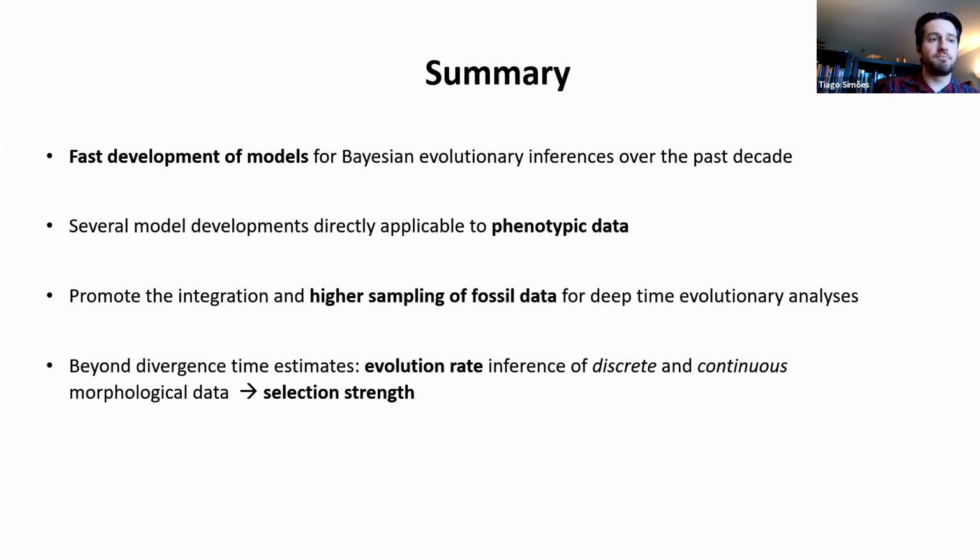And beyond divergence time estimates, we are able to use those Bayesian approaches to measure the rates of morphological evolution and compare that to molecular evolution, and even calculate the strength of natural selection in completely extinct lineages, which is something that we definitely didn't think was possible until quite recently.